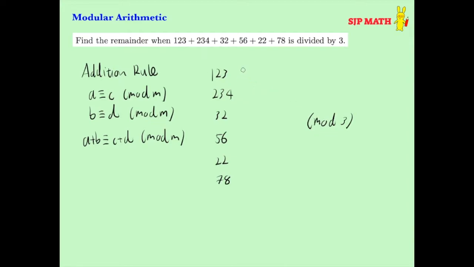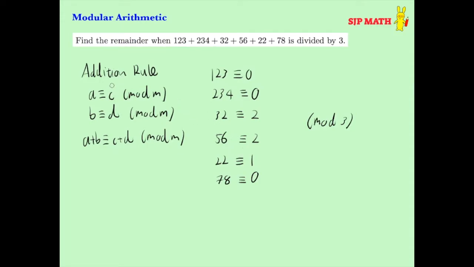So firstly, 123 is a multiple of 3, so it's congruent to 0 mod 3. And 234 is also a multiple of 3, so it's congruent to 0 mod 3. And 32 has a remainder of 2 when divided by 3, so it's congruent to 2. And 56 has a remainder of 2 as well when divided by 3, so it's congruent to 2. And 22 has a remainder of 1 when divided by 3, so it's congruent to 1 mod 3. And 78 is also a multiple of 3, so it's congruent to 0 mod 3. So we got all our remainders for each of these numbers.